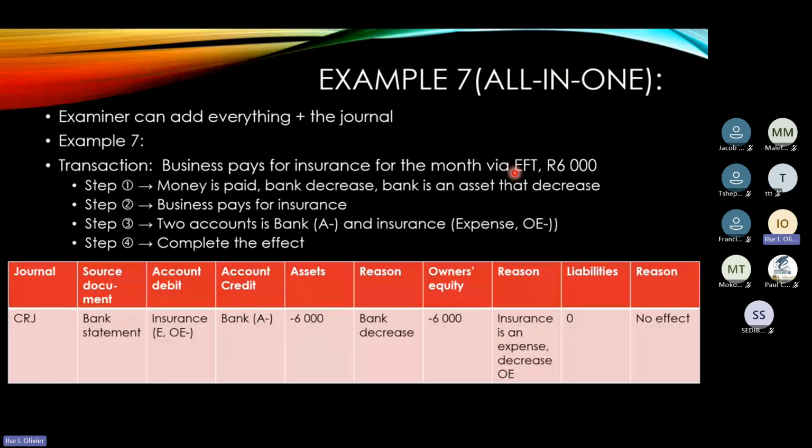The two accounts were bank, that is credited, and it's an asset that decreases, and then we have our insurance, that is the expense that decreases our owner's equity. Now you complete your accounting equation. Assets decrease, owner's equity decrease, and then you write your reasons. The asset is bank that decreases, and insurance is an expense that decreases your owner's equity.